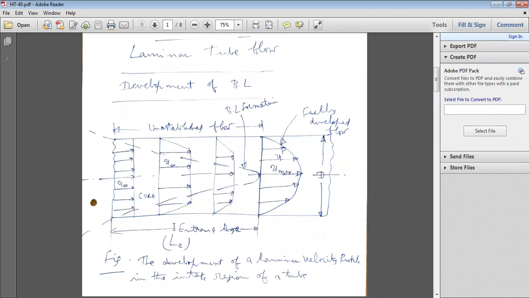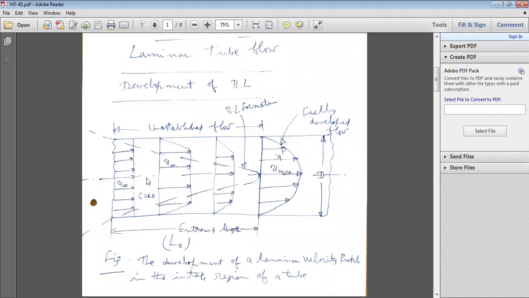Take a tube, and initially there is development of the laminar velocity profile. This is the velocity profile, and this is boundary layer formation. Up to this point there is unestablished flow. Once the flow is stabilized, there is fully developed flow.